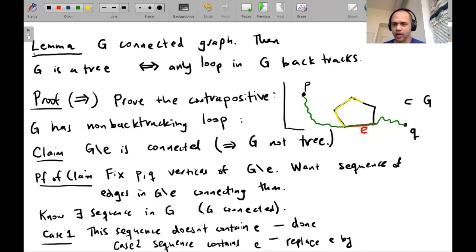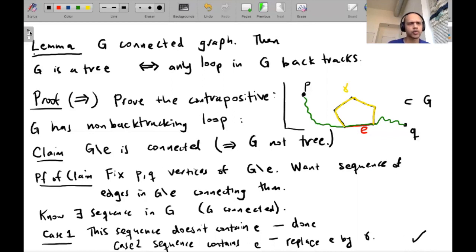There's this other way around if we don't want to go through E, call that gamma. So just replace E by gamma to get a new sequence of edges, which is going to avoid E. So this will be in G minus E. Okay, so that's the proof of the claim, and that does the forward direction.